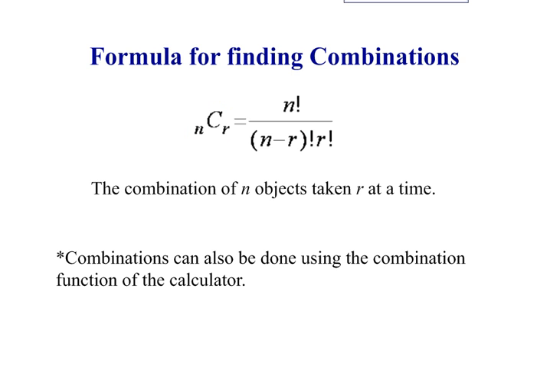The formula goes on to state n factorial divided by the quantity n minus r factorial times r factorial. Now, it's important to note again that combinations can also be done using the combination function of the calculator. This function is located by using the math button and going to probability, also where the permutation function is found.